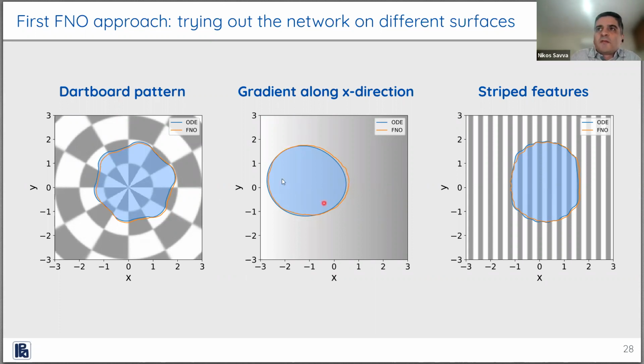This is also evident here, where we have just a gradient along the x direction. But I should emphasize that this network was trained on random features, so that explains why we see this kind of behavior. And also on a striped surface, again, we don't see perfect agreement, but I would say that the agreement is acceptable.